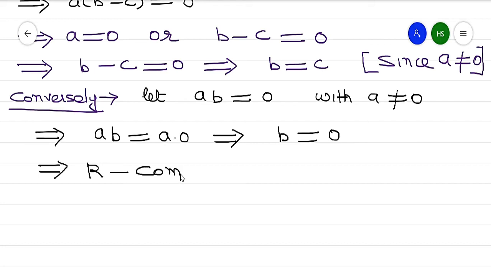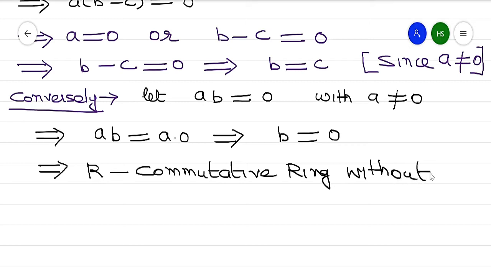So R is a commutative ring without proper zero divisor.